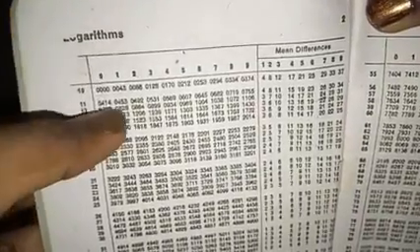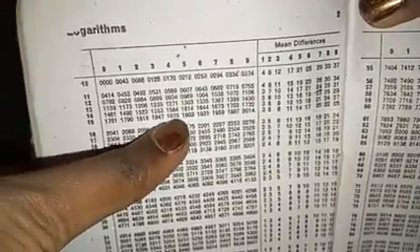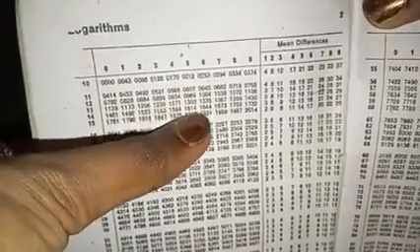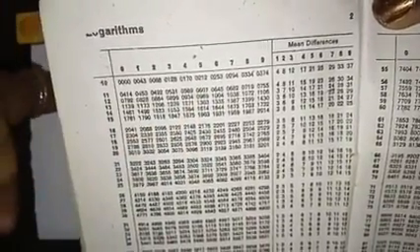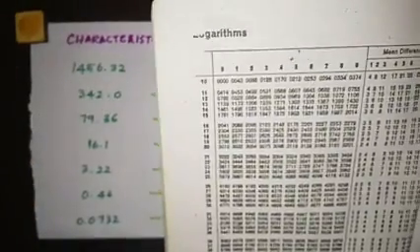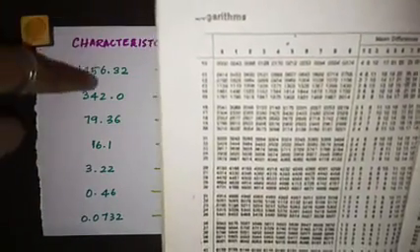So for example, if you are taking the log value for 1456, you have to look for 14 here. See, here it's 14. So in 14 you have to look for 5. So it meets with 14 at 1614. So 14, 5, and you have a fourth digit which is 6. You have to look for the mean difference.